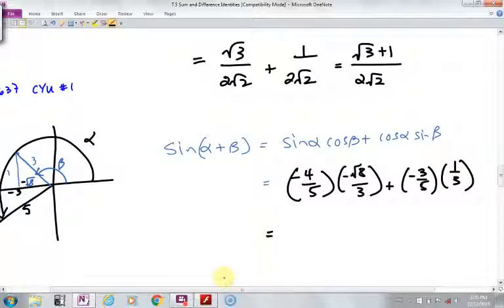Okay? So I drew the diagram. I found the missing sides of my triangles. I used the addition identity for sine to expand to this, and then I'm substituting in those ratios. Now I'm going to multiply. A negative times a negative is a positive, so I have 4 root 8 over 15 minus 3 over 15.